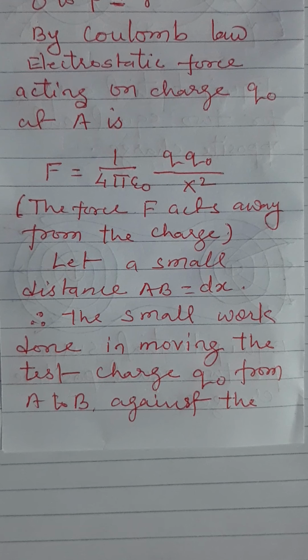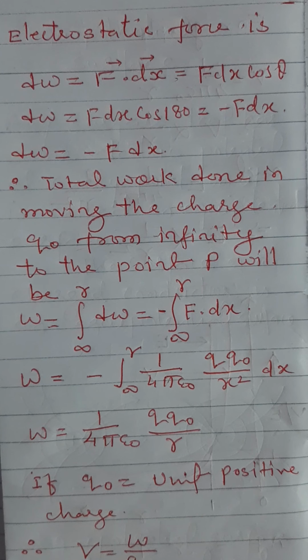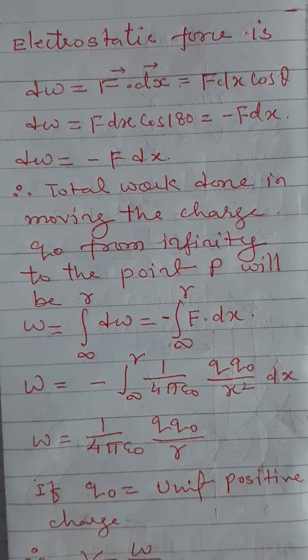Now let us consider a small distance AB equals dx. Therefore, the small work done in moving the test charge Q naught from A to B against the electrostatic force is given by force into displacement, that means F dx cos theta.